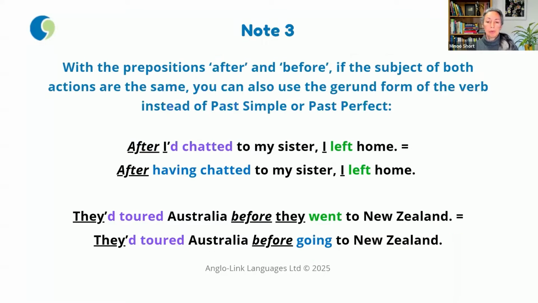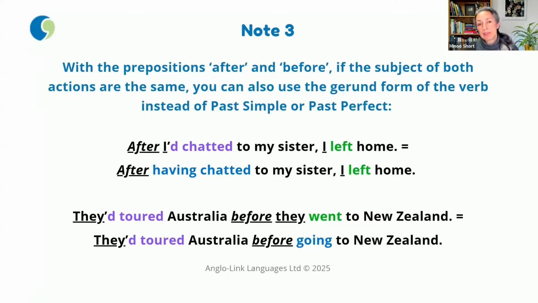And the final note, with the prepositions after and before, when you connect two actions in the past together with these prepositions, if the subject of both actions are the same, you can also use the gerund form of the verb instead of past simple or past perfect. And this allows you to avoid the repetition of the subject.